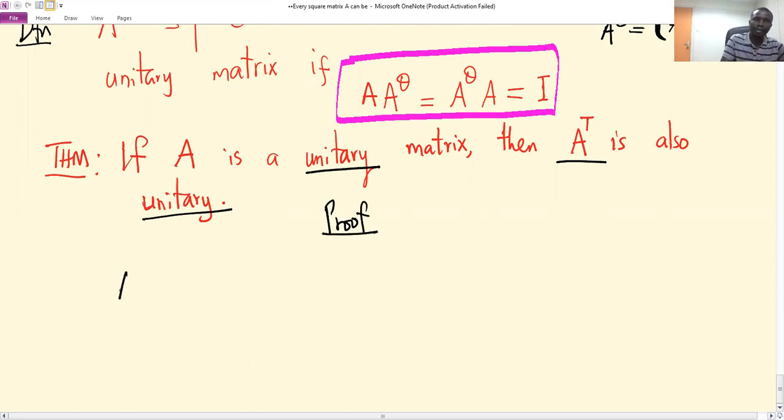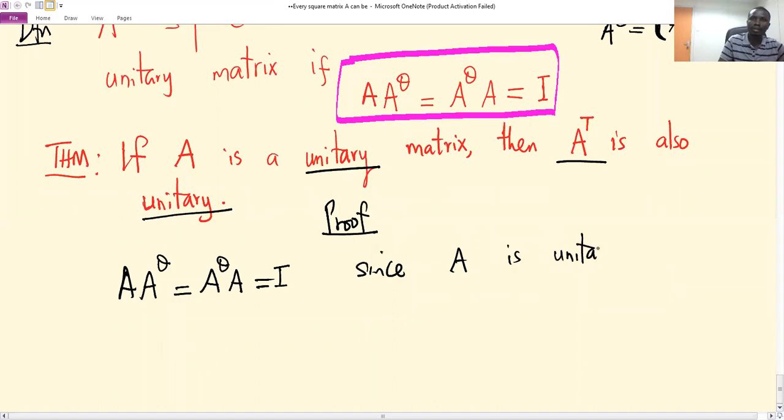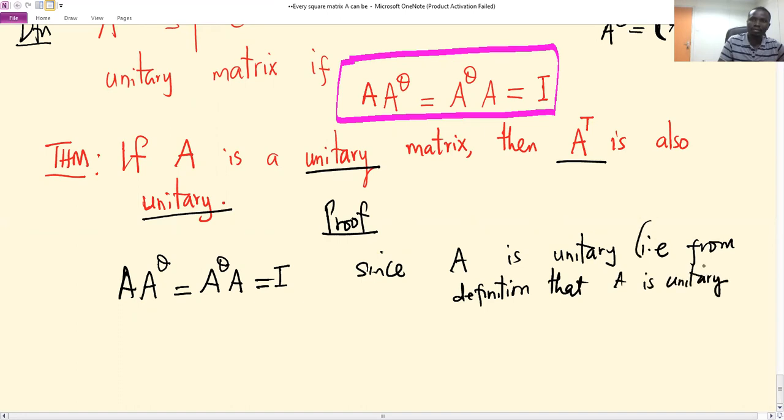A A power theta equals A power theta A equals I, since A is unitary, or this is simply from the definition.